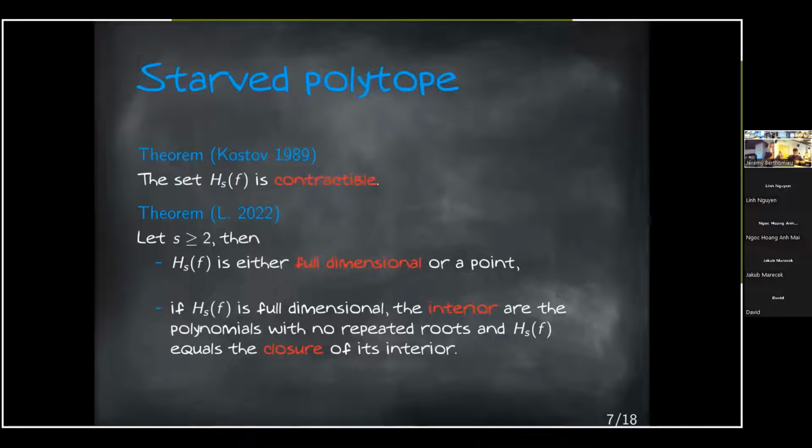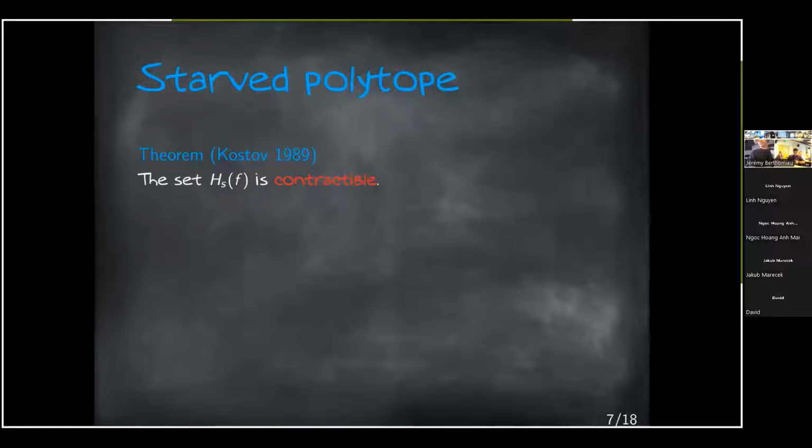So I want to say something about the star part of star polytope before going into the polytope part of it. Sure. Yeah. So if s is less than the degree, can this set still be just 1 point? Yeah. Actually, in the example we had.